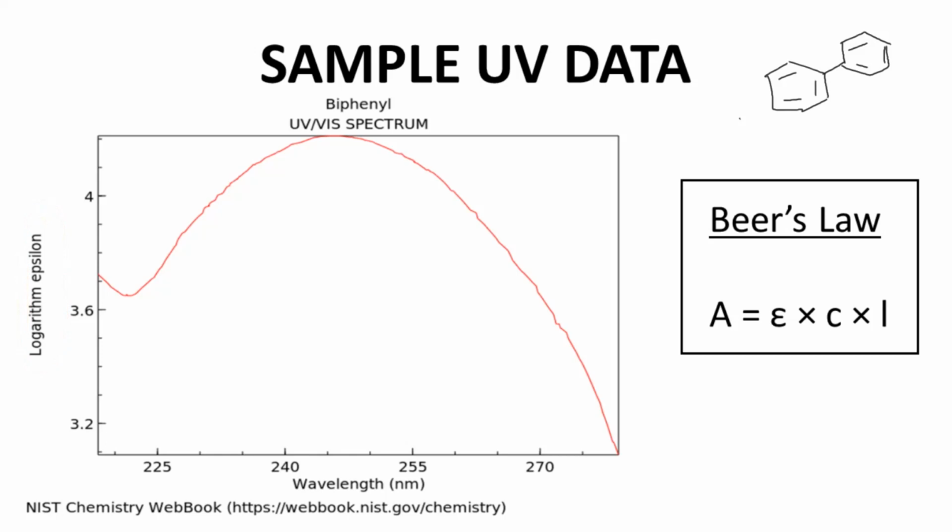Epsilon here is the same as from Beer's law, which is absorbance, A, equals epsilon, molar absorptivity, times concentration times path length. I apologize if this gives you flashbacks to general chemistry. Molar absorptivity, epsilon, is a property of a molecule and varies with wavelength.